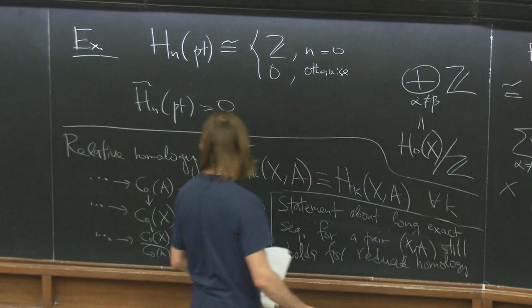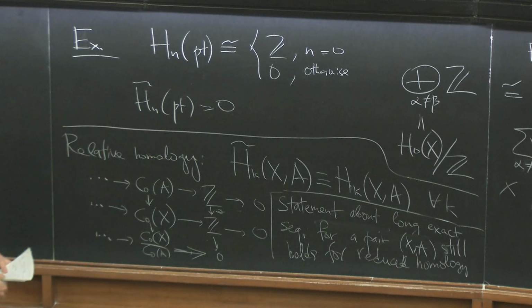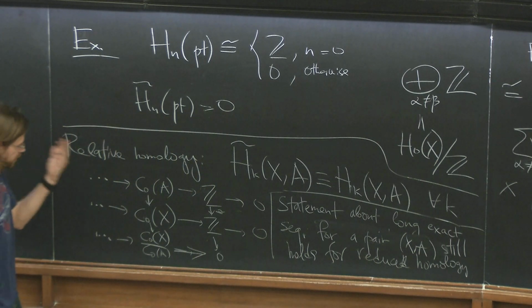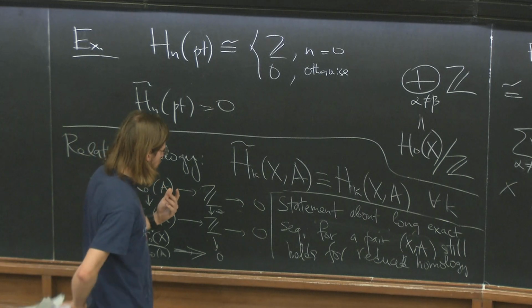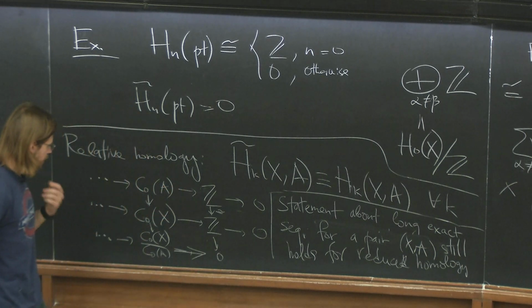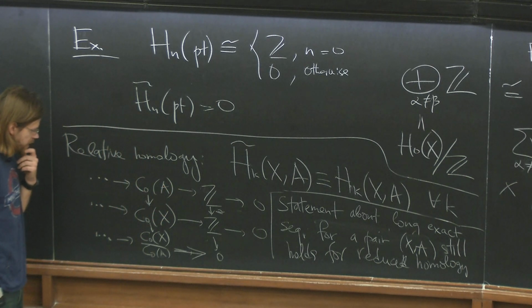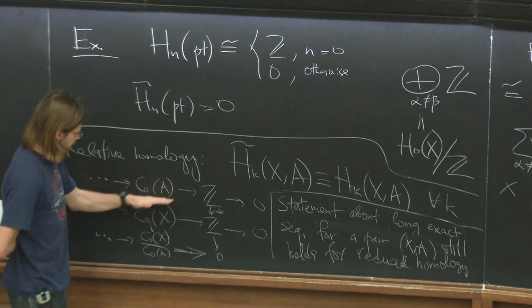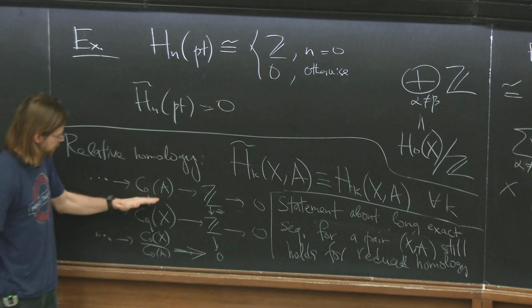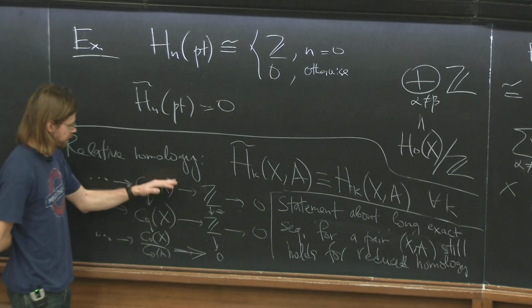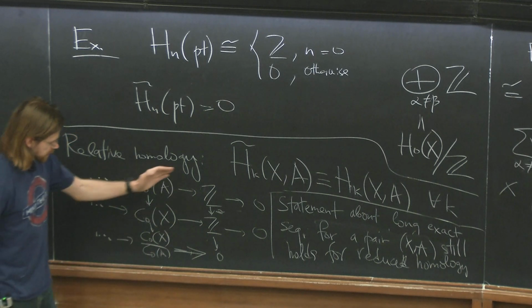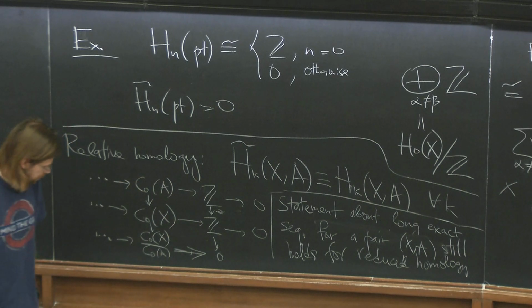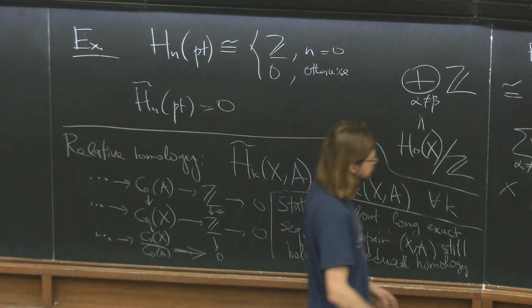To show that the homology groups for a triple of chain complexes form a long exact sequence, we only use the structure that they all fit into this big commutative diagram, which we have here.